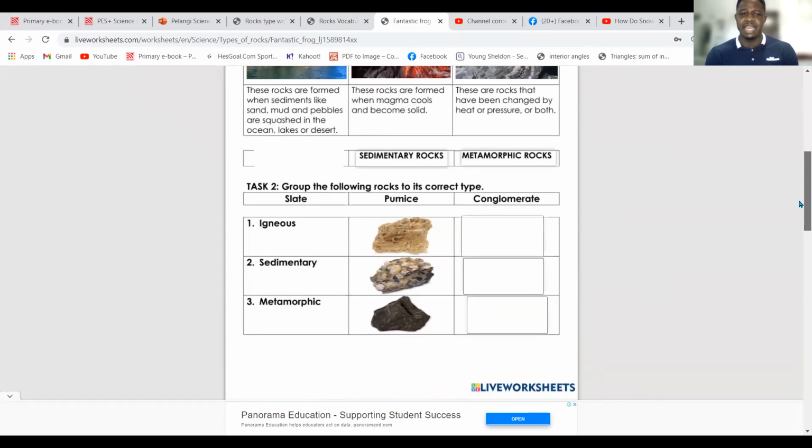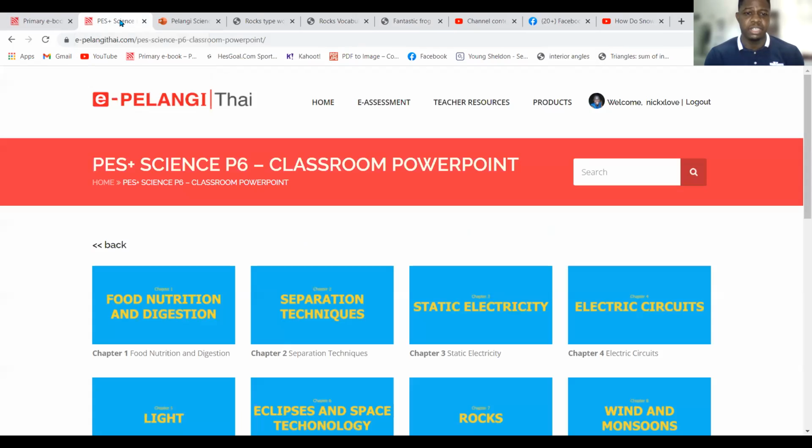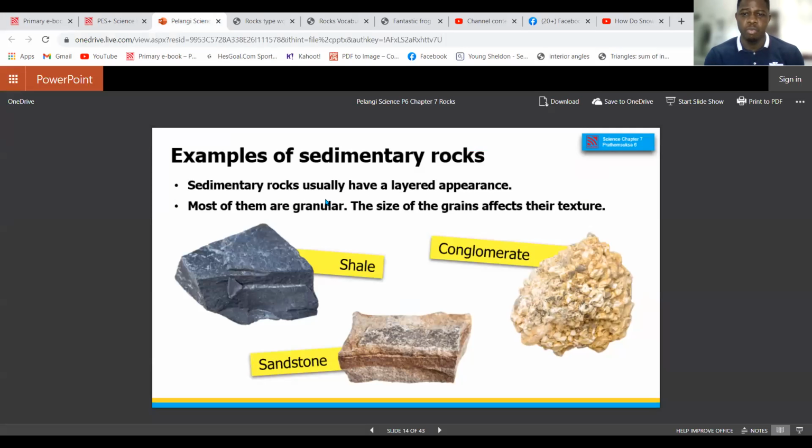So here it says, group the following rocks to the correct type here. Okay, so which of them is a conglomerate? Look at the picture here and go back to the picture there.